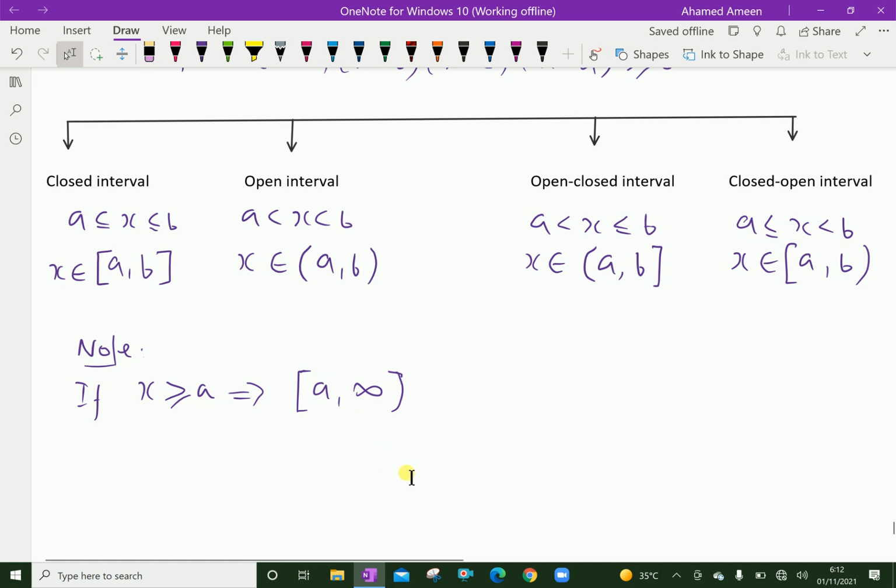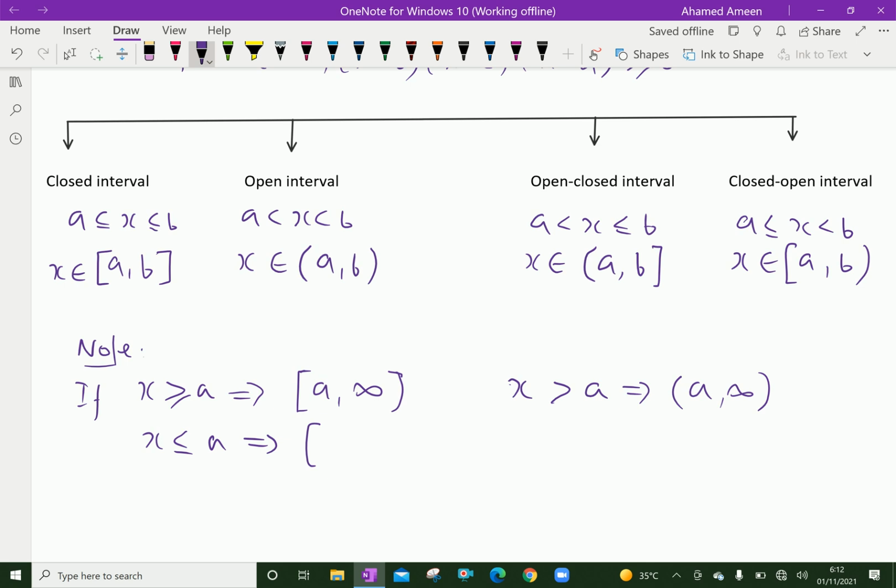The second one, x is greater than a, indicates a to infinity. And third one, x is lesser or equal to a, which can be expressed as minus infinity to a.